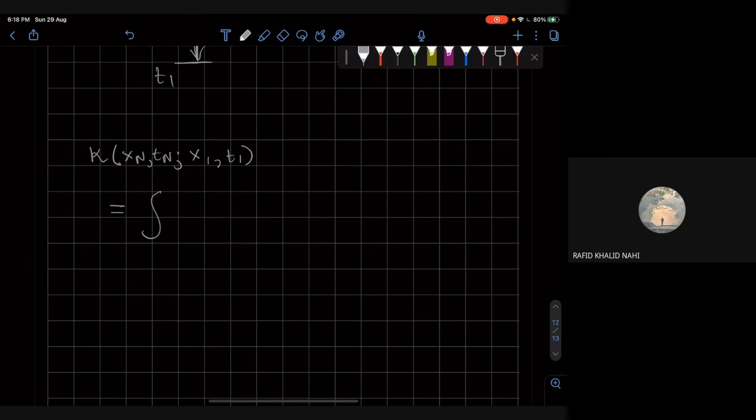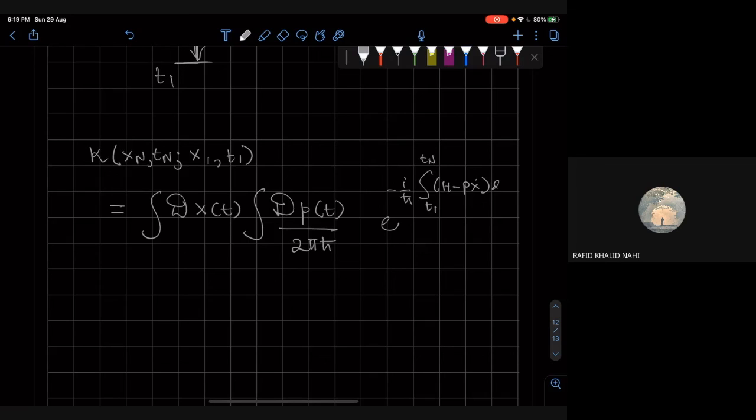So this is the integral over all the paths in the position space, the integral over all the momenta, divided by 2 pi h bar for each of these factors, and e to the power minus i by h bar, the integral from t_1 to t_n of the Hamiltonian minus p x dot, dt. Okay, so this is the expression of the path integral in phase space.